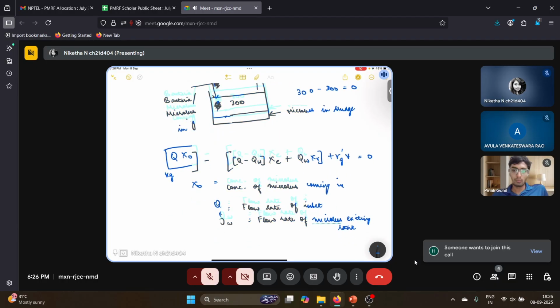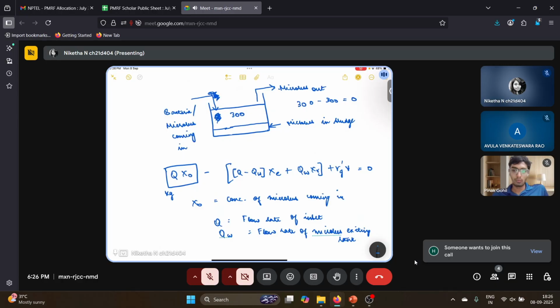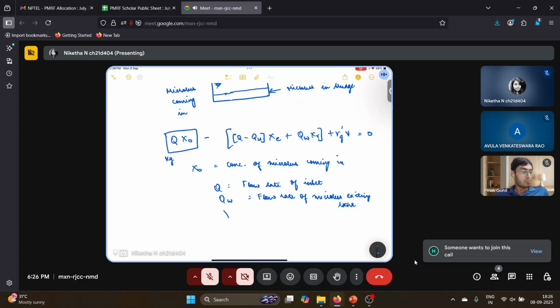This term Q minus QW will tell you how much flow is present inside the tank. This is the inlet microbe flow, and this is the wasted microbe flow. So inlet minus wasted will tell you how much microbe flow is present inside the tank, and XE is your effluent concentration, or the microbes in the effluent.